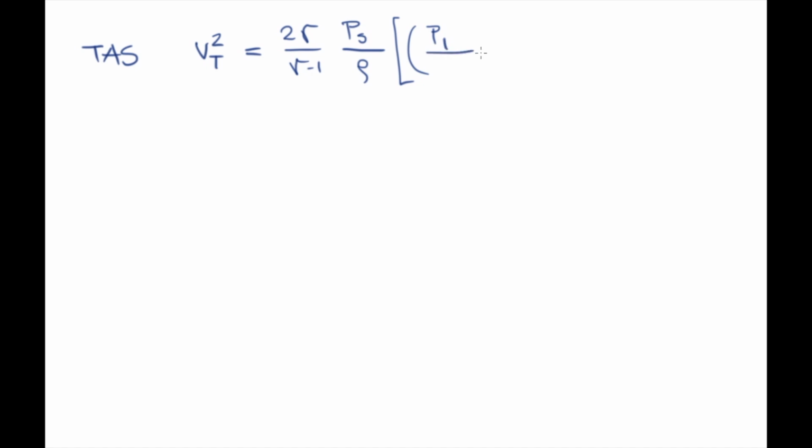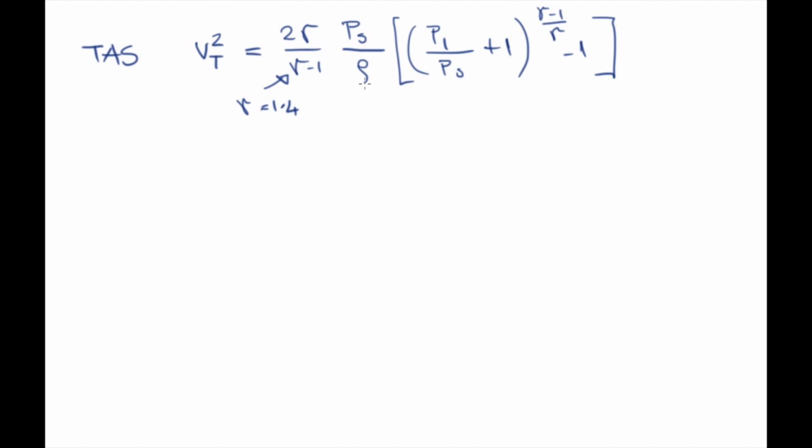That's the impact pressure measured by the Pitot-static system of the aircraft, divided by P static, plus 1, to the power of gamma minus 1 over gamma, gamma being the ratio of specific heats, which is usually taken as 1.4 for air, minus 1. So that's the true airspeed.